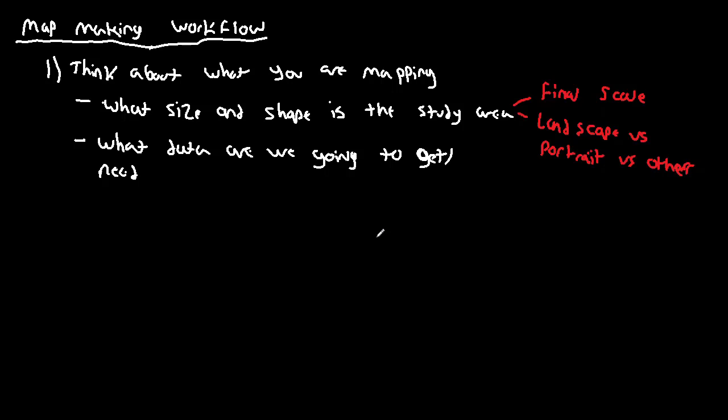So thinking about what you need up front is going to make the process of making sure that you have everything that you need that much easier, so that you don't go into the mapping process and be like, oh, wait, this data set that I have doesn't actually have the data that I need. So this is going to be making sure that you get all the data you need.